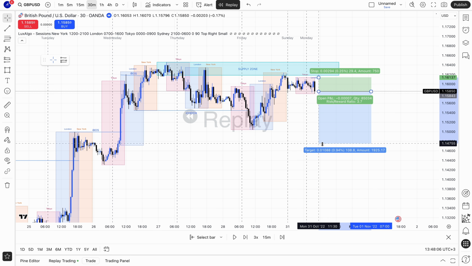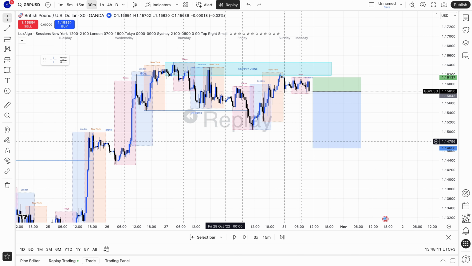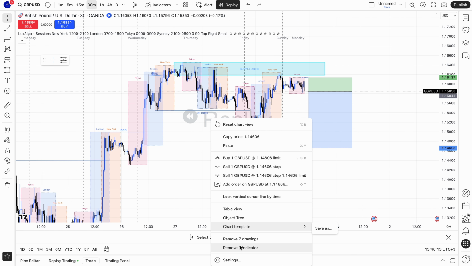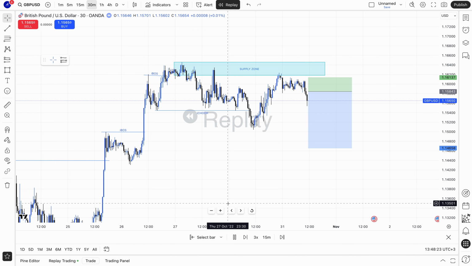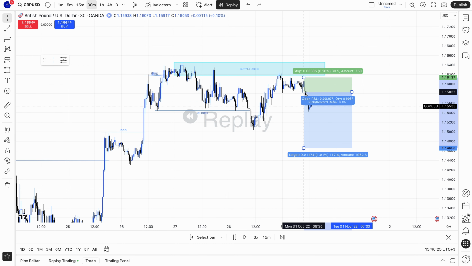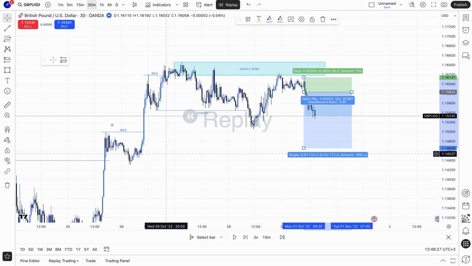Then we target 124, 124, it's better. Because we already got our confirmation from here, but London was closed. Then to break even.